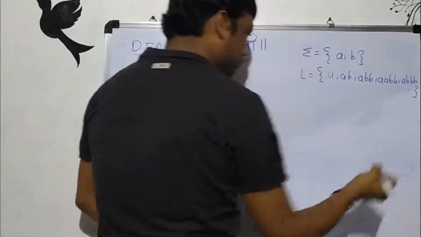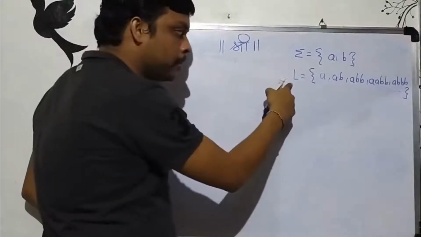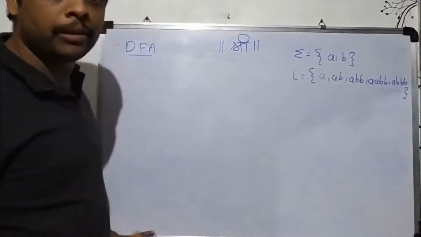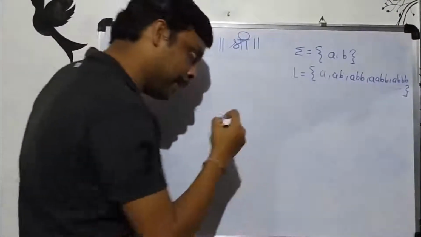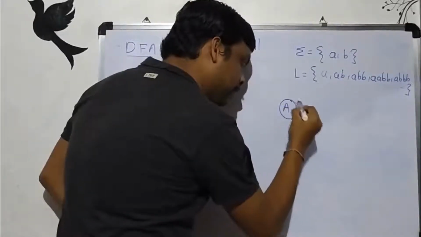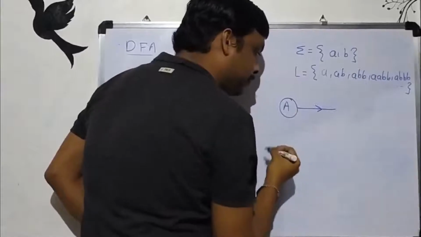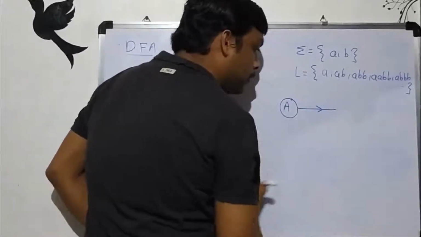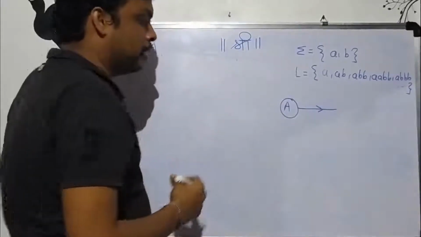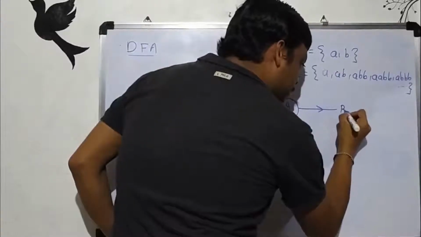In our earlier session, to represent this language, we have already drawn a deterministic finite automata. So I want to draw the same diagram here, so that it will be easy for you to understand this point.